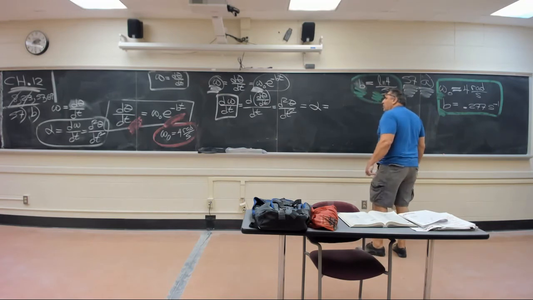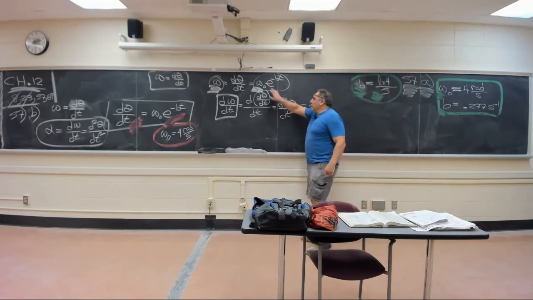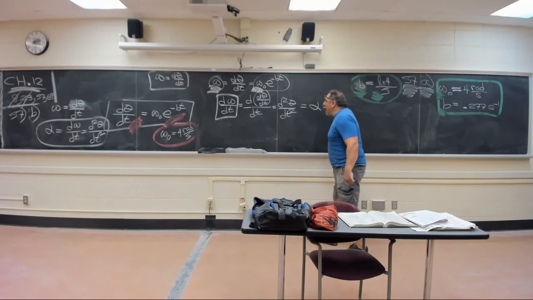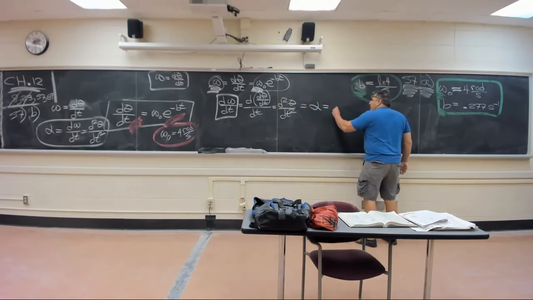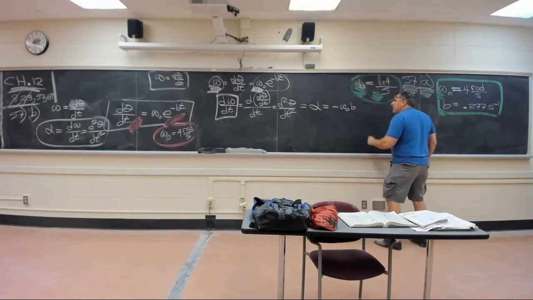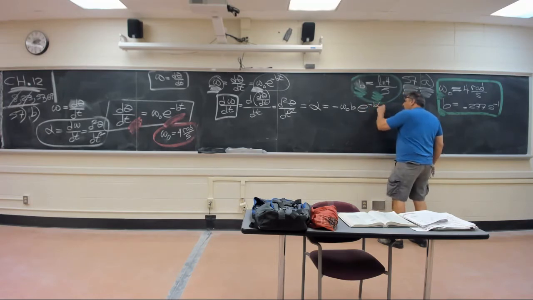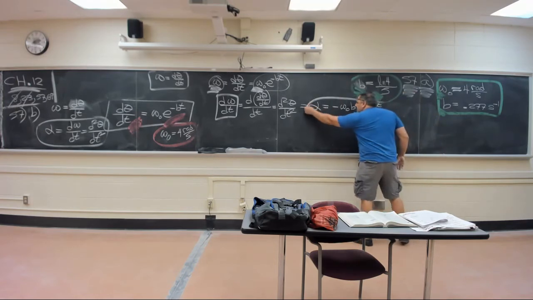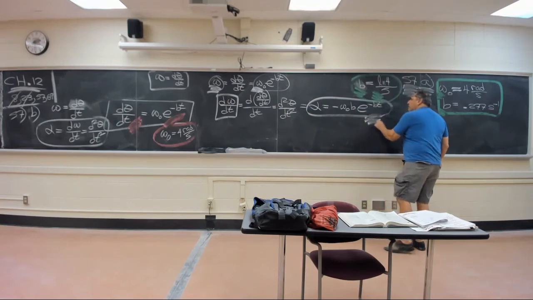All right, the derivative of the exponential function is itself, and by the chain rule, you put a negative b out in front of it. Negative omega 0 b e to the negative bt. This is your acceleration function.